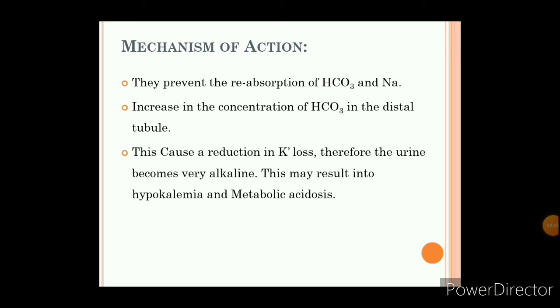The mechanism of action of carbonic anhydrase inhibitors is that they prevent the reabsorption of bicarbonate and sodium, increasing the concentration of bicarbonate in the distal tubule. They cause an increase in potassium loss, therefore the urine becomes very alkaline.